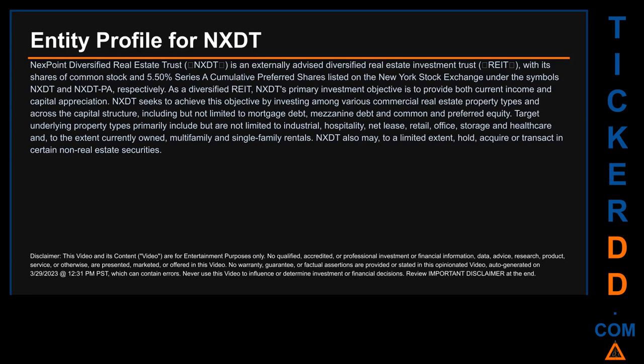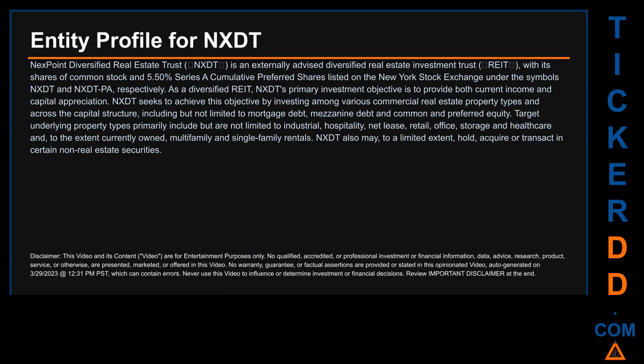As a diversified REIT, NXDT's primary investment objective is to provide both current income and capital appreciation. NXDT seeks to achieve this objective by investing among various commercial real estate property types and across the capital structure, including but not limited to mortgage debt, mezzanine debt and common and preferred equity.